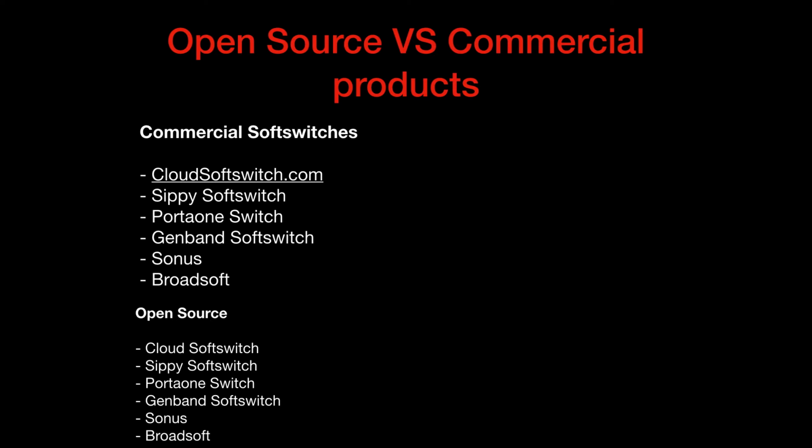There are other great products that have also been around for a long time, used by many operators, and have all these fancy ISO certifications and all of that, which is Sonus and BroadSoft. I want you to pay attention that PortaOne, GenBand, Sonus, BroadSoft, these guys cost a lot of money for recurring support or maintenance contracts.